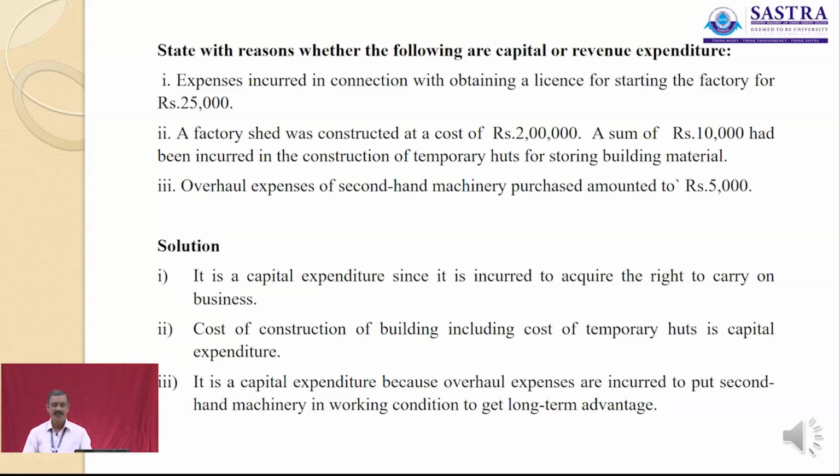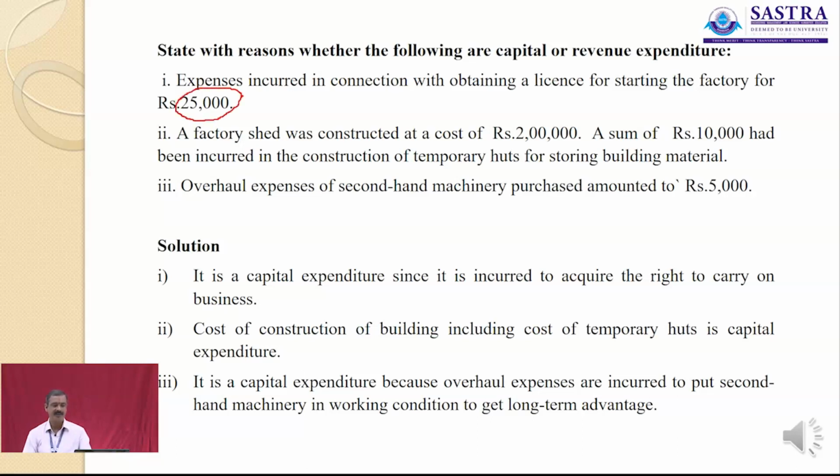State with reasons whether the following are capital or revenue expenditure. See here, one item is expenses incurred in connection with obtaining a license for starting the factory.